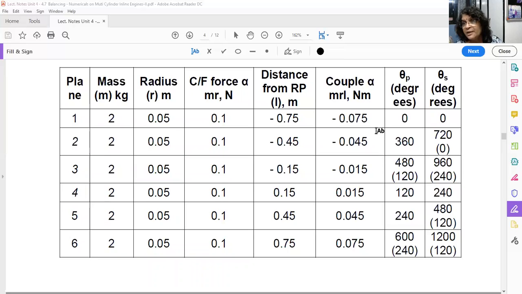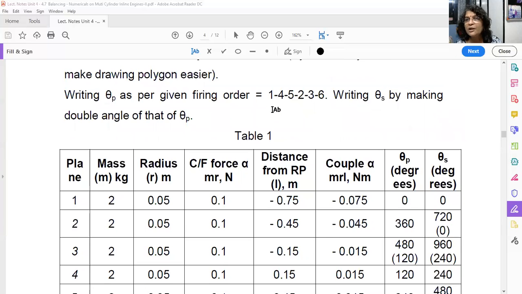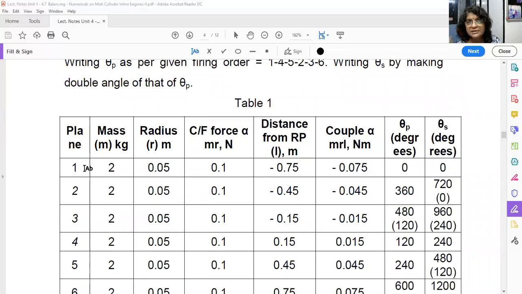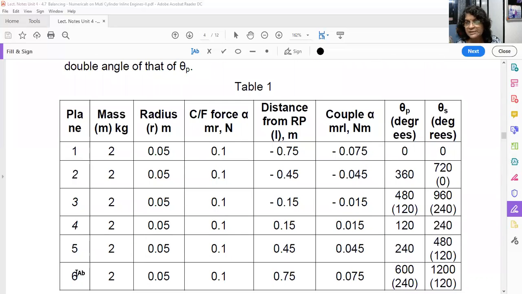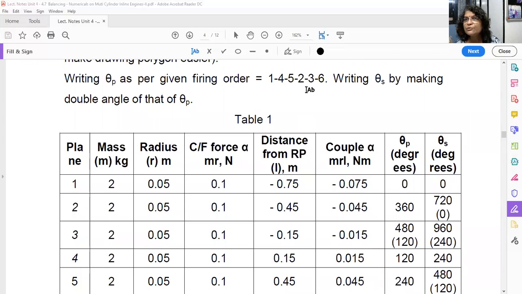Now this is very important. Here you have to write down the angle according to this firing order. Again, I am telling you, though you have written these planes in the sequence 1, 2, 3, 4, 5, 6, we have to write down the primary crank angle. That means the angle between each two cranks for primary, it is 1, 4, 5, 2, 3, 6.